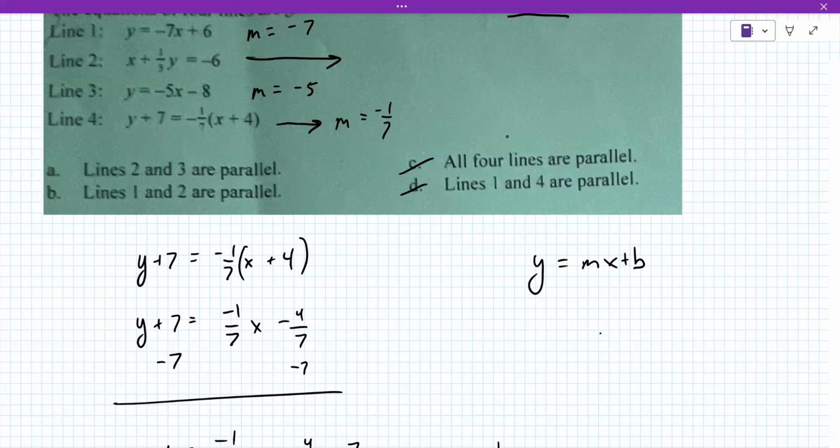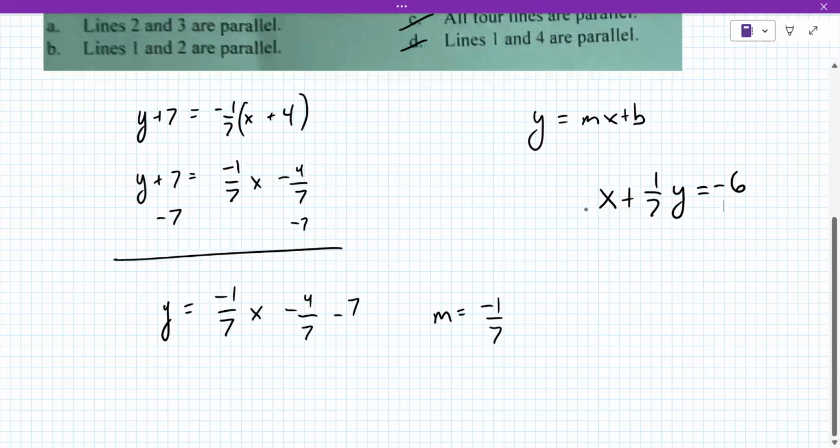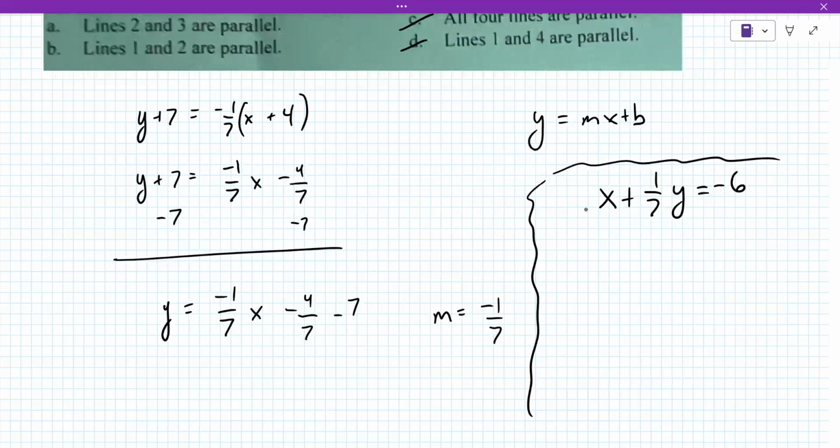Let me rewrite it down here. x plus 1/7y equals -6. So again, your goal is to solve this for y. Subtract x from both sides. So this becomes 1/7 times y equals -x minus 6.